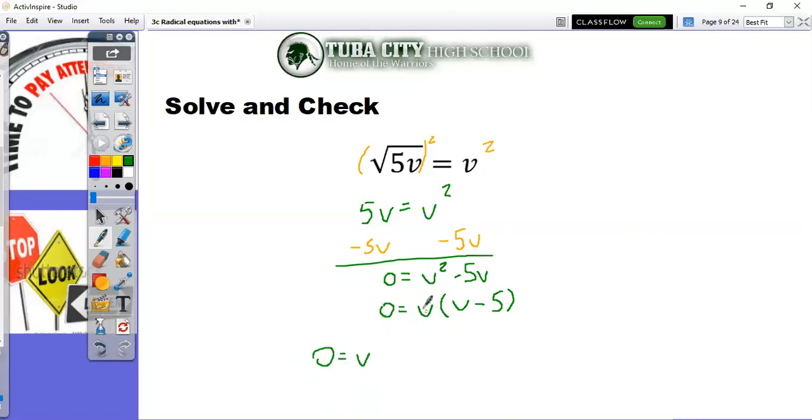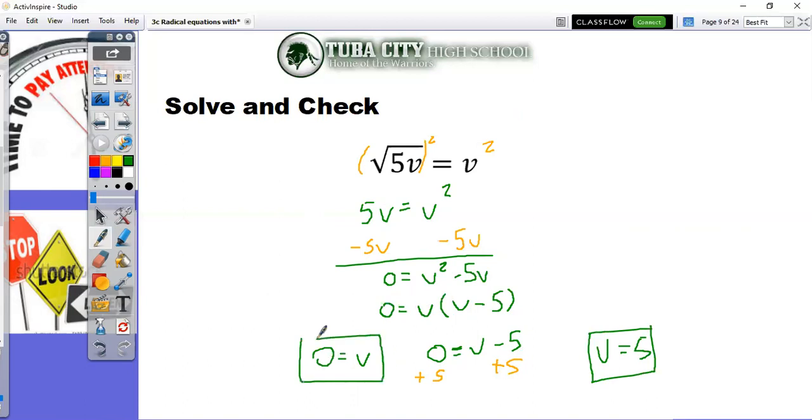So my first factor is 0 equals v, and 0 equals v minus 5. Add 5 to both sides, and v equals 5. And v also equals 0.